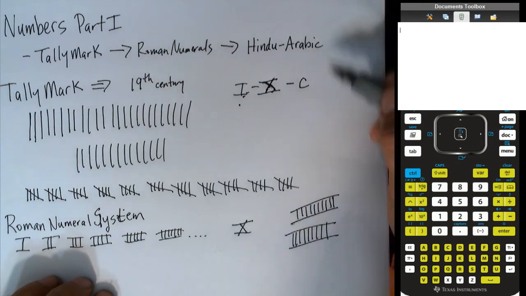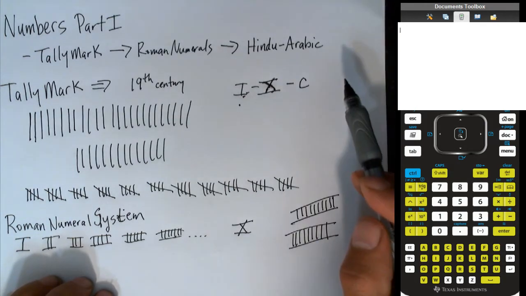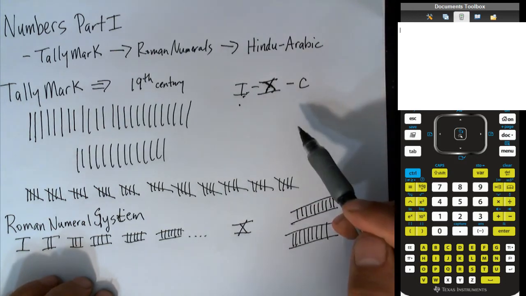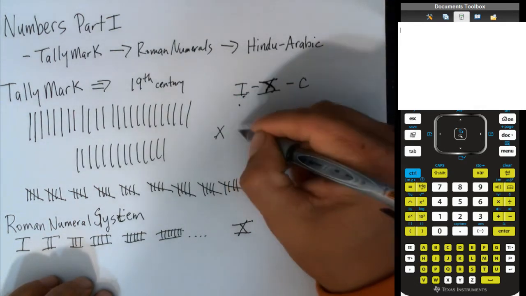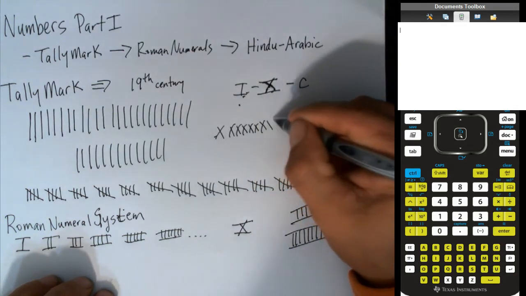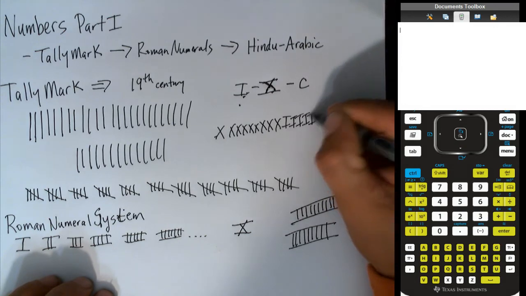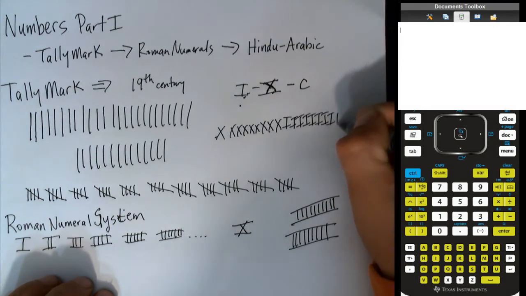So you can see where these symbols might cause a lot of X's and lots of I's for 99. 99 would be 9 X's and 9 I's. You can see the problem.